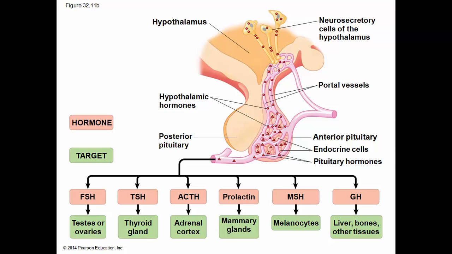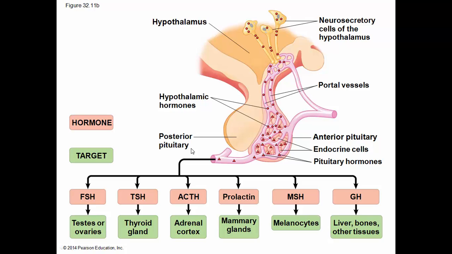Hypothalamic hormones thus travel from the hypothalamus to the gland without first circulating through the other body tissues. Upon reaching the anterior pituitary, each hypothalamic hormone either stimulates or inhibits the release of one or more specific hormones.